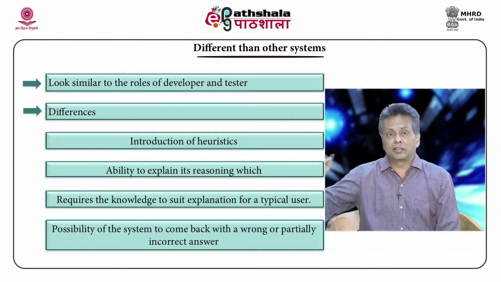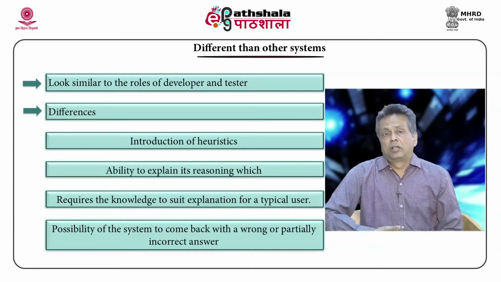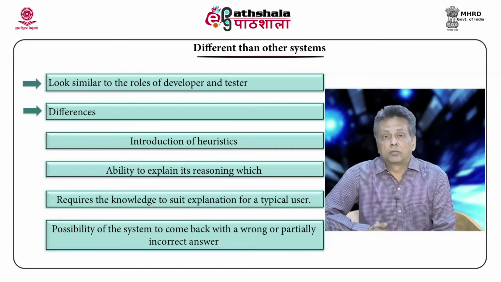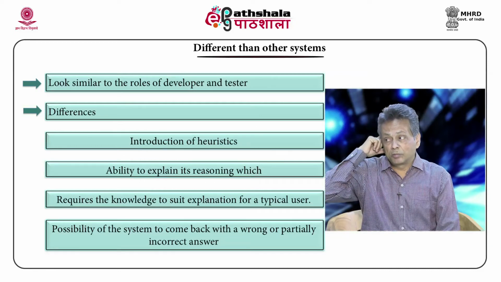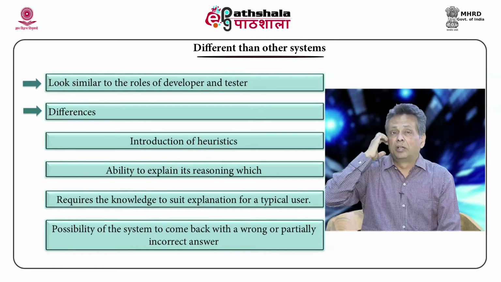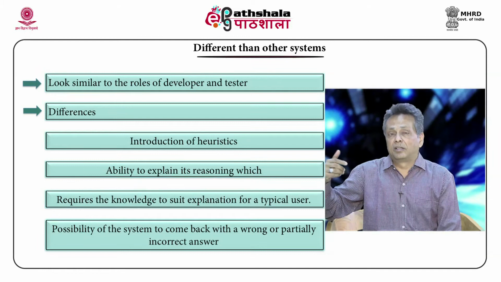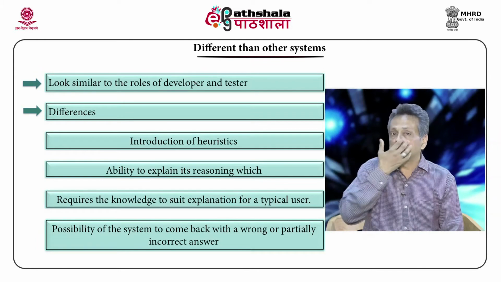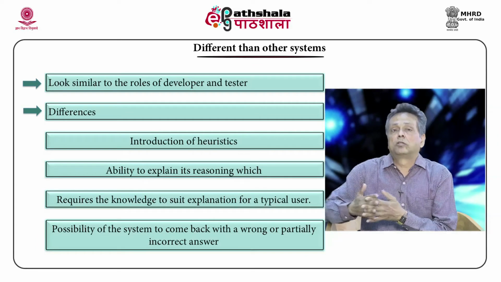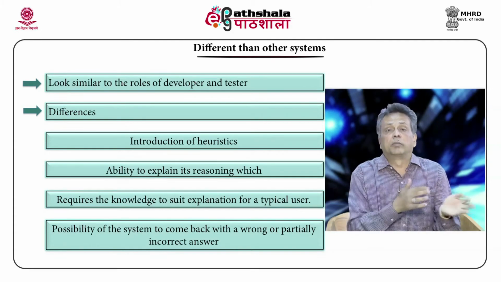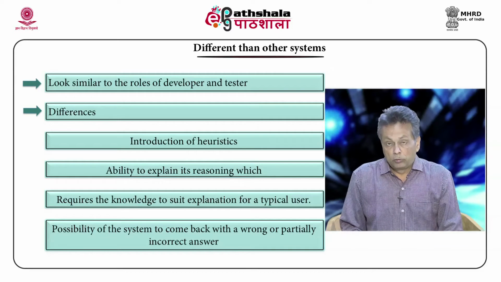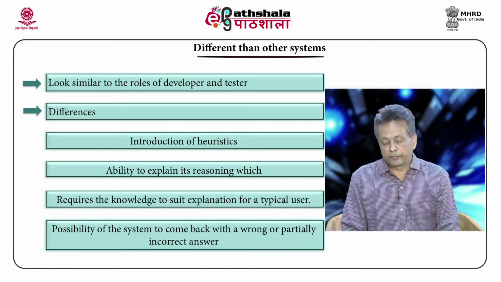That is an additional requirement, and we know that the possibility of the system coming back with wrong answers is definitely there when you are talking about expert systems. It makes it even more important for the person validating the system to make sure that it answers correctly as far as possible. But let me tell you something that happened with Mycin.